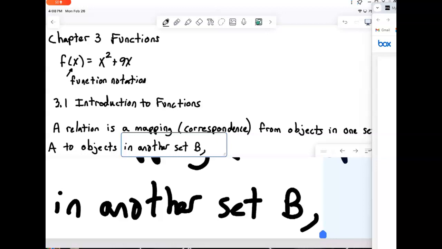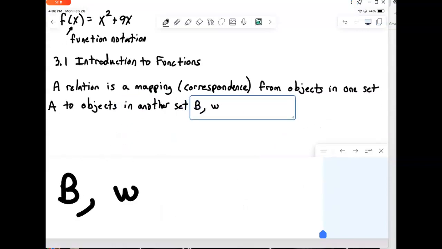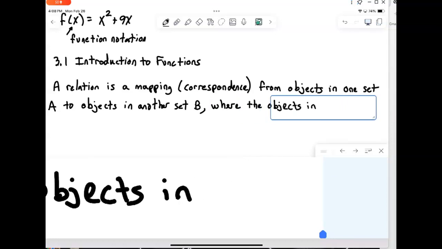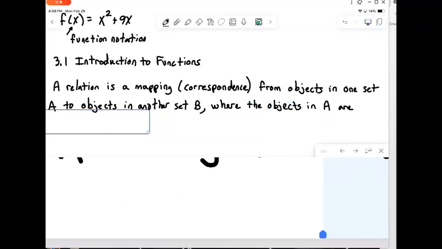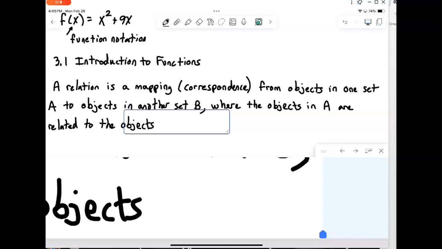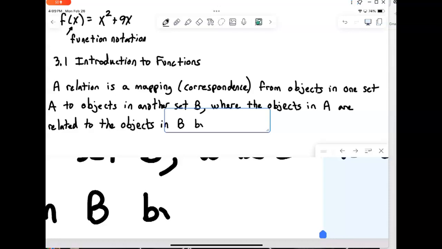So a relation is a mapping or correspondence, or matching again is another word you can use, for objects in one set to objects in another set, where the objects in A are related to the objects in B by the relation.